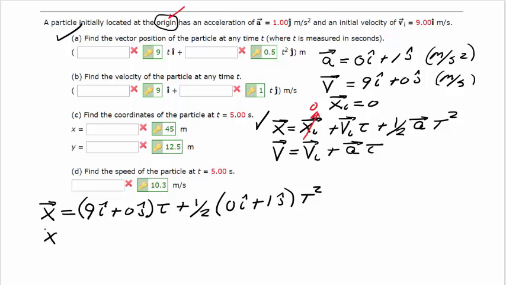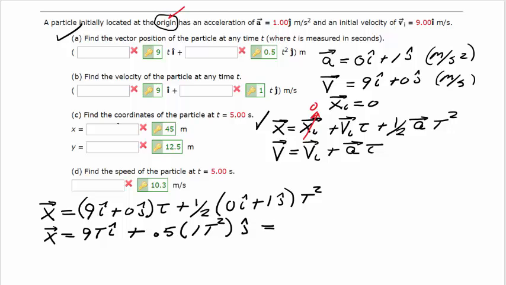This gives me x is equal to 9t i hat plus 1/2. I'll use 0.5. You can use either, it doesn't matter. I'll put 0.5 times 1 t squared j hat.